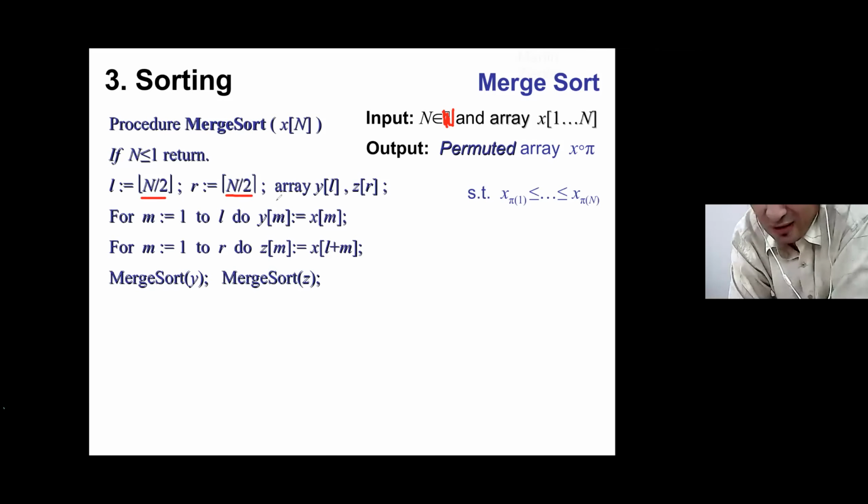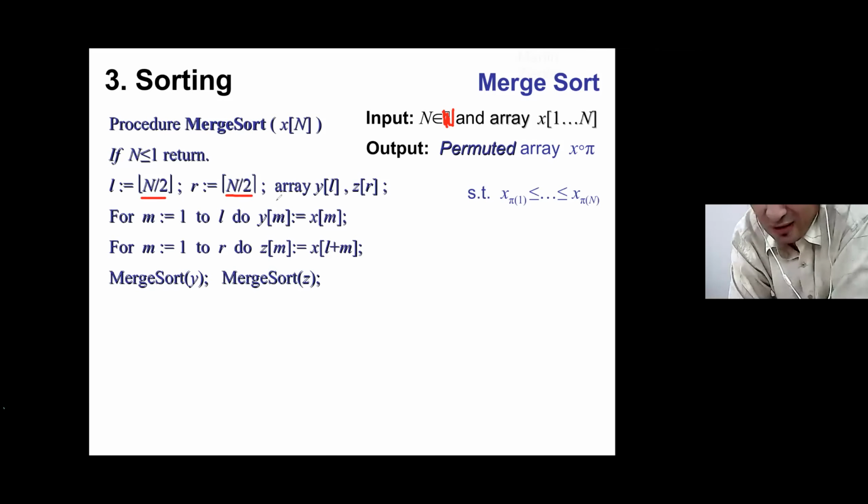And you copy the first half of the array x into the array y, and you copy the second half of the array x into the array z. So this is what this does.